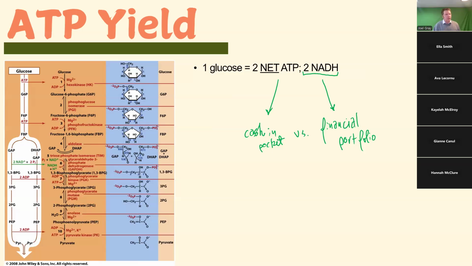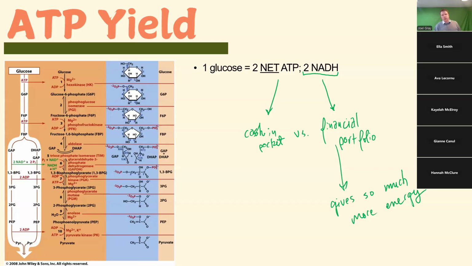Having the ATP, having the cash in your pocket is like, yes, I'm going to Wendy's. Whereas the financial portfolio wealth is like, I'm going to buy all of the Wendy's. So that's the comparison. But the point is that this NADH gives so much more energy.